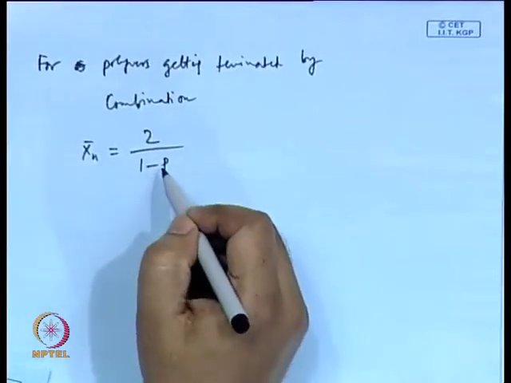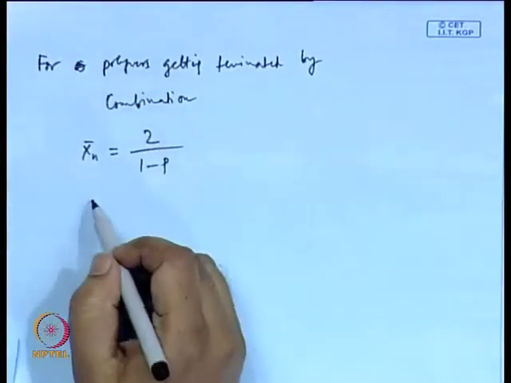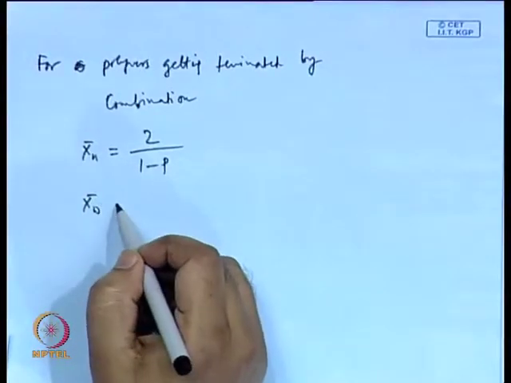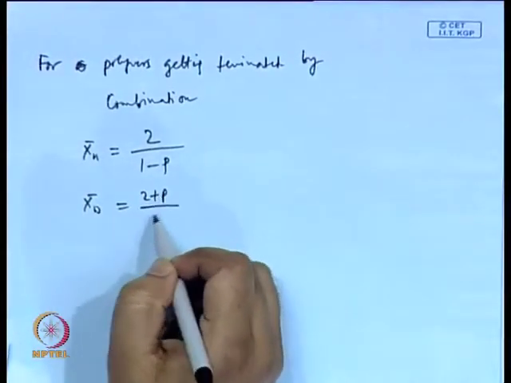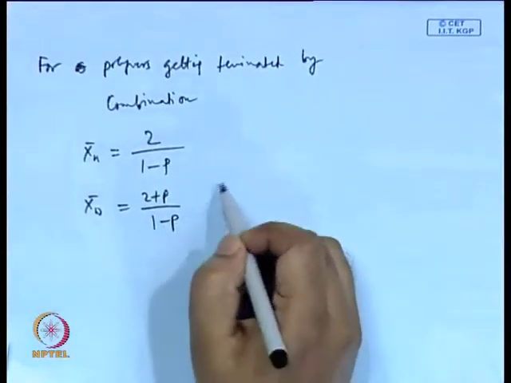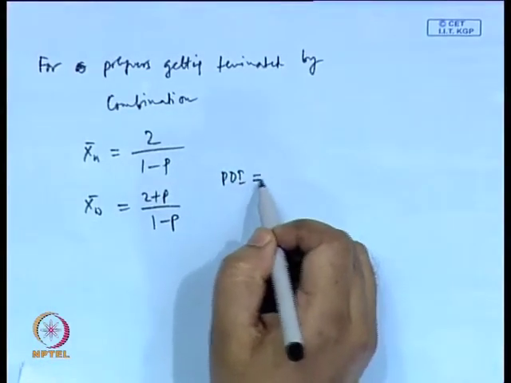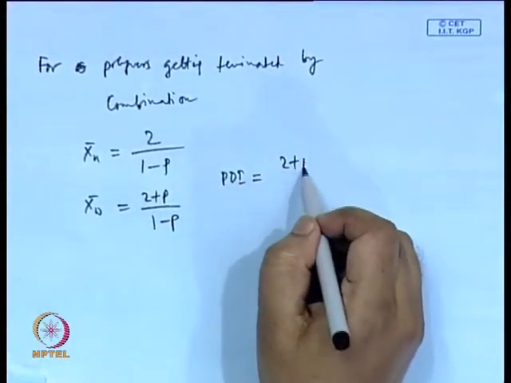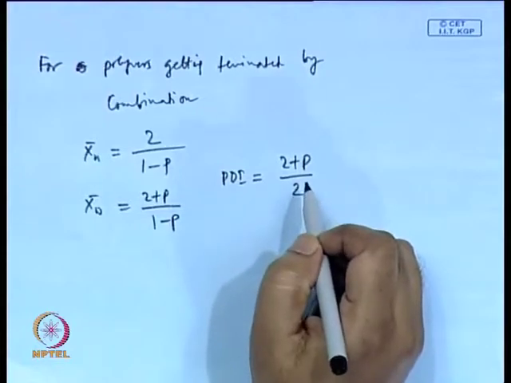So, Xn is 2 by 1 minus P, instead of 1 by 1 minus P, and Xw is 2 plus P by 1 minus P. So, PDI is 2 plus P by 2.